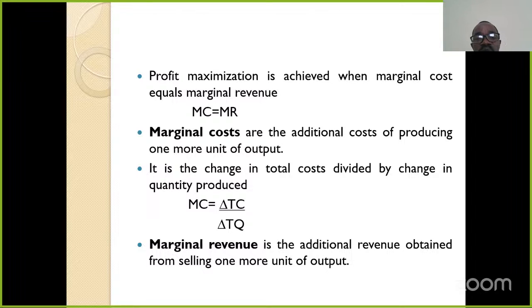So when these two are equal, that's the maximum point of the profit. Beyond this point, the firm can start incurring some losses.